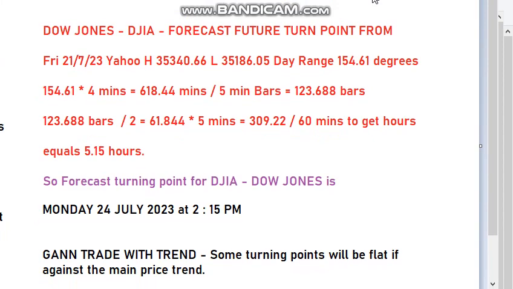And that's it. But what you can do with this now is forecast the monthly bars, the weekly bars, the daily bars. That's how W.D. Gann was able to forecast future turning points with some spectacular accuracy, but sometimes it wasn't as spectacular because the trend was so strong in either the upwards or downwards direction that even if there was a turning point there, it was only a flat spot or a short pullback before the main trend continued.